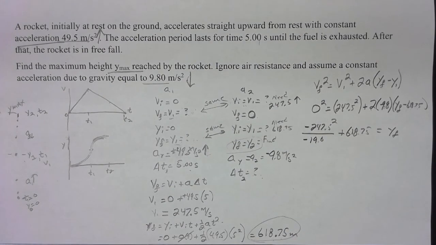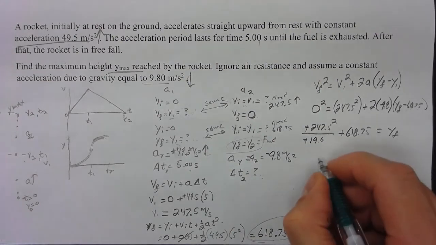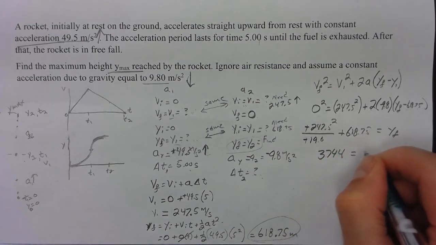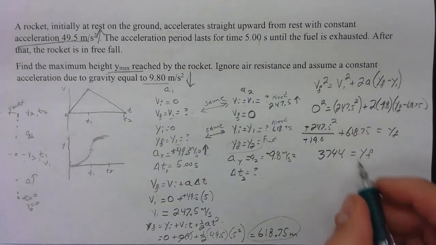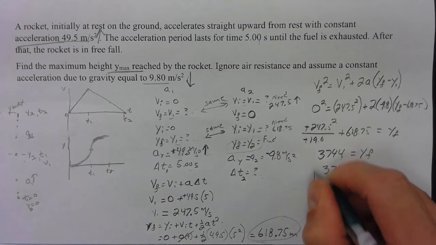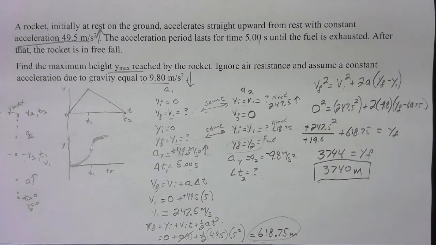Let's move that around: 247.5 squared divided by 19.6, those negatives reduce, plus 618.75. 3,744 equals y final. 3 digits, so 3,740 meters is my answer.